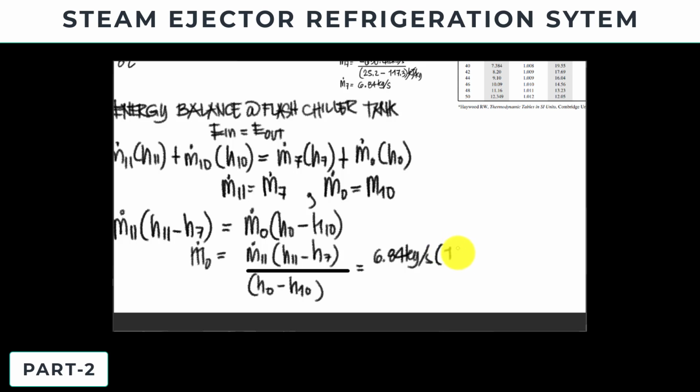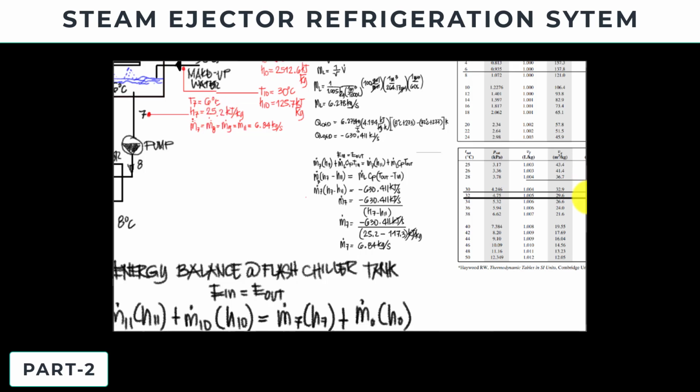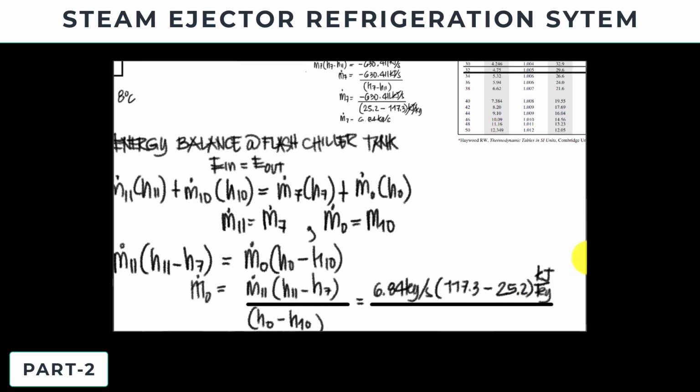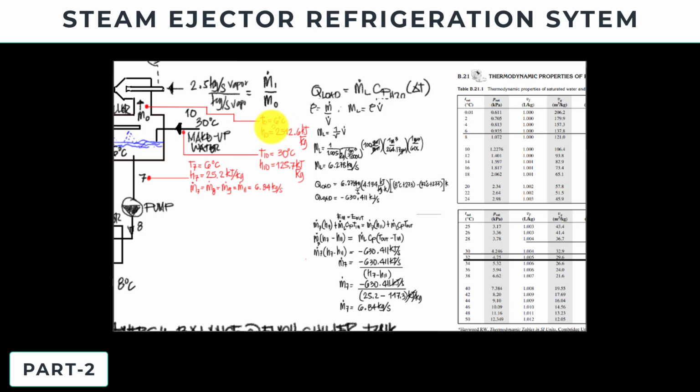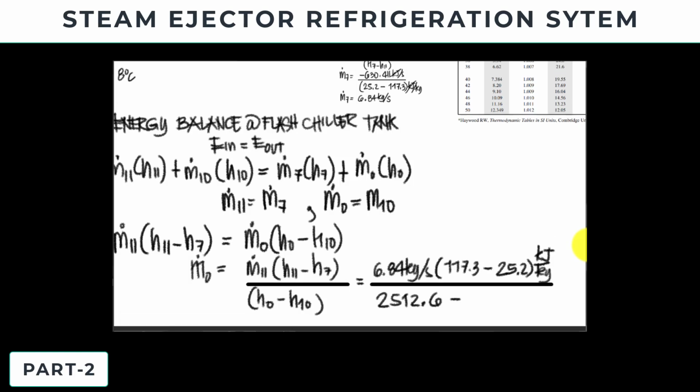So this is 117.3 minus my enthalpy 7. For my enthalpy 7, we have 25.2 kilojoule per kilogram, and then divided by the value of your enthalpy O, that will be 2512.6, minus my enthalpy 10.